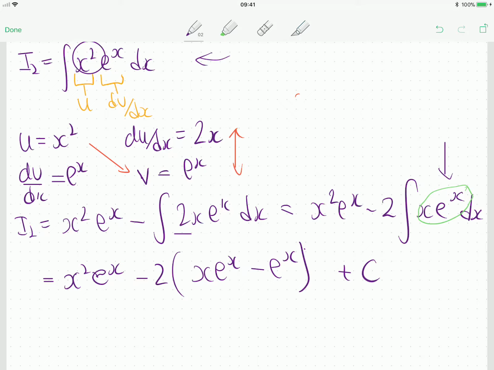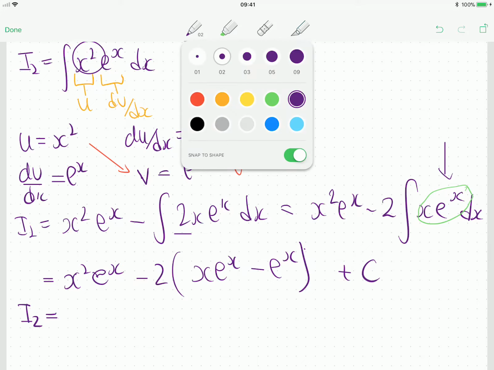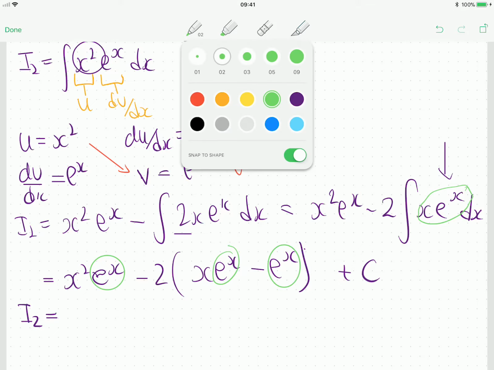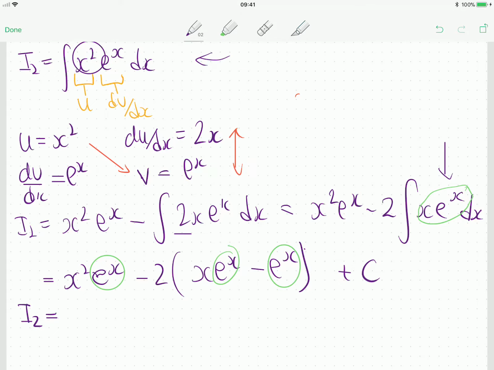Okay, so I'm just going to tidy up now. I can see there are lots of e to the x's. You can see 1, 2, 3. So I'm just going to bring them out as a factor. And what's left over? The other factor is x squared, take away 2x, plus 2. It's a minus minus here and here.